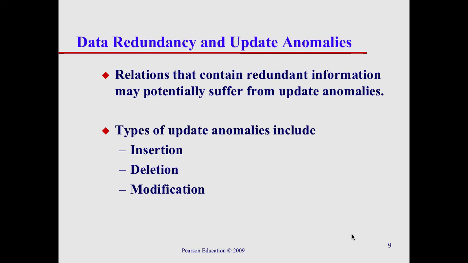The reason would be because a relation is trying to represent information about two or more entities, and the primary key is on the other entity, entity A, and therefore we can't insert entity B without some instance of entity A. So that's an insert anomaly where we cannot insert an entity into a relation.